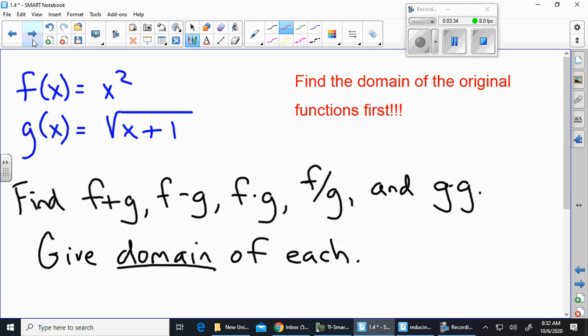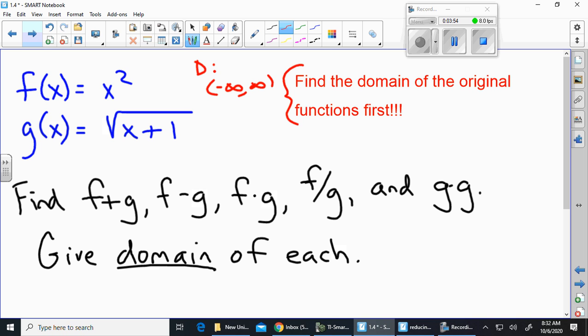So f of x is x squared, g of x is the square root of x plus 1. I always tell people, with this idea of domain, find the domain of the original first. So f of x, x squared, is a polynomial.